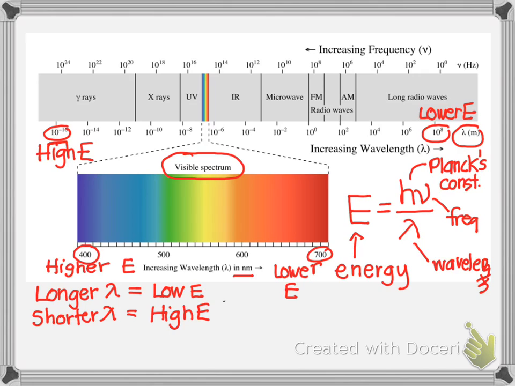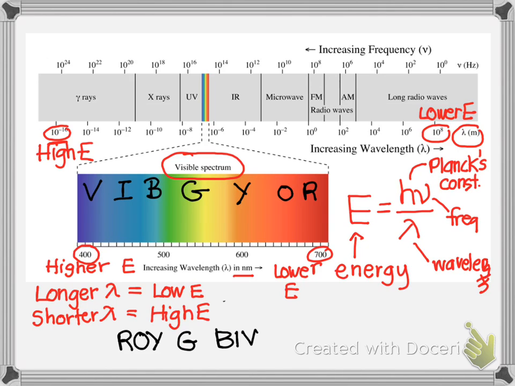I don't know if you've ever heard of Roygbiv, but that is a way that I remember. This spectrum is written the opposite, but Roy G. Biv is red, orange, yellow, green, blue, indigo, violet. I think of it as a name that helps me remember the colors of the rainbow of our visible light spectrum. Red has the lowest energy, going through violet, which has the highest energy.